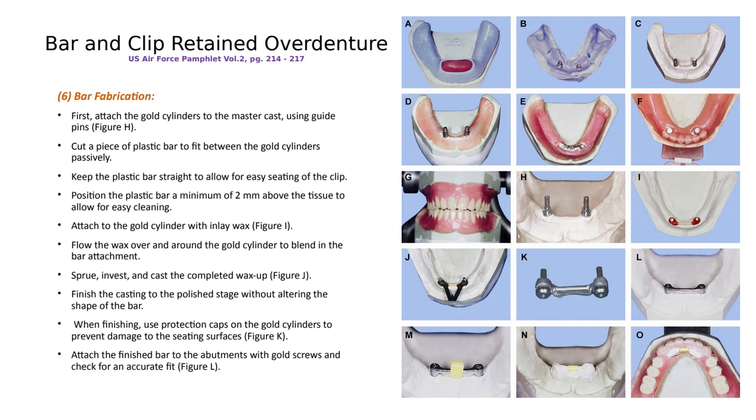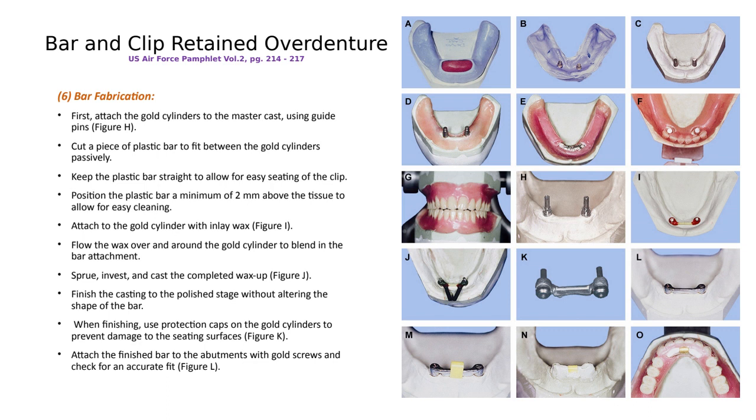So as we see in picture M, the bar is fabricated, it's inserted into the model, it's screwed into the model, it's tightened in there, and then the clip is inserted to see the retention, to see how well we did the bar, and if the clip has a good grip on the bar.